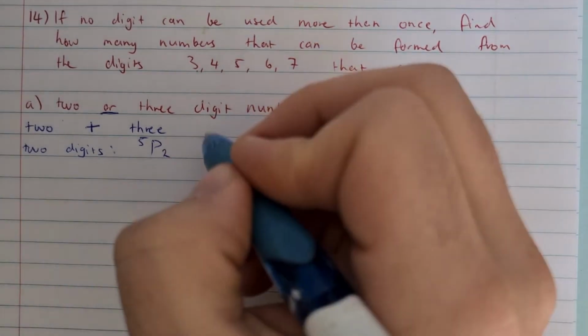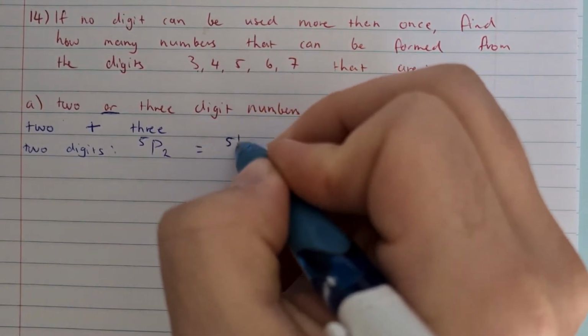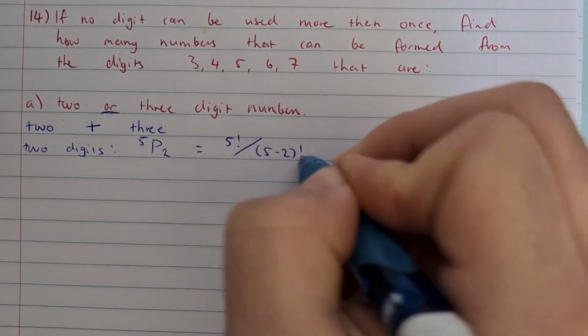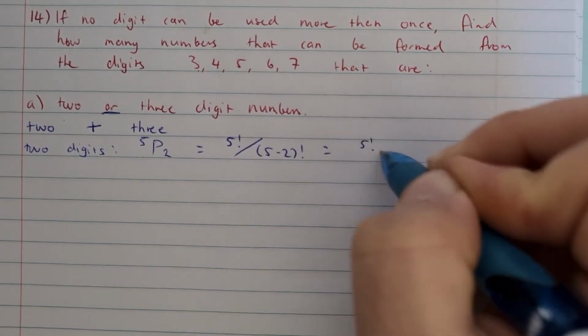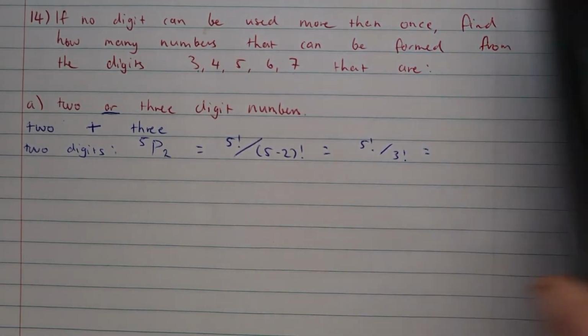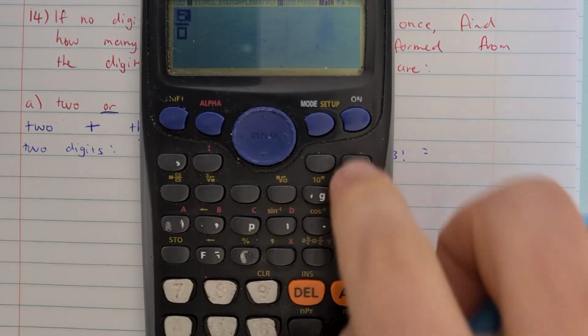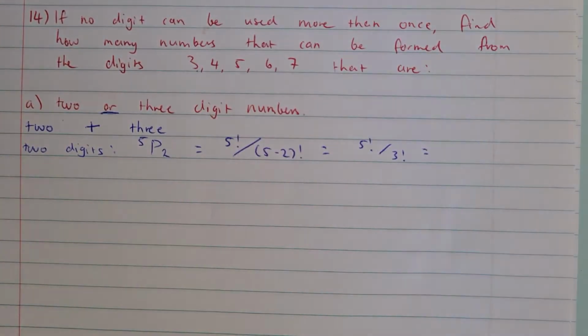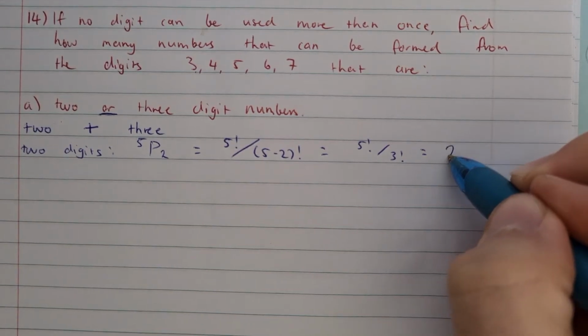So it's 5P2. Let's put this into our formula. 5 factorial over 5 minus 2 factorial. Doing the brackets first, we get 5 factorial over 3 factorial, which is 20. So there's 20 different ways we can make 2-digit numbers.